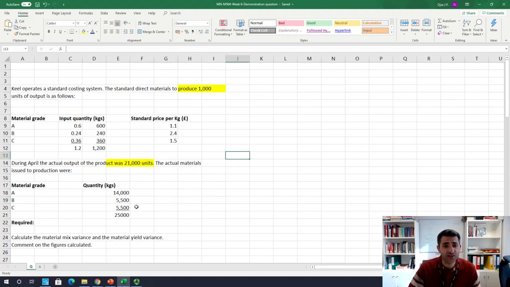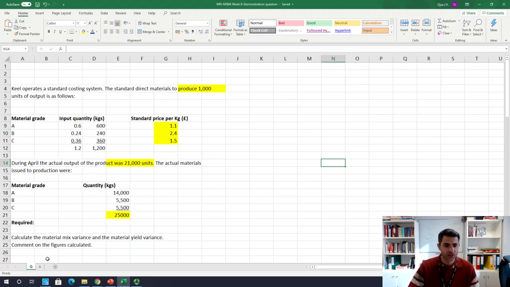As you see, this information is really important. You need it, especially this, and this, and also these, in order to start and answer the question. So far, before we do the material mix and yield, I want you to do the material usage variance.